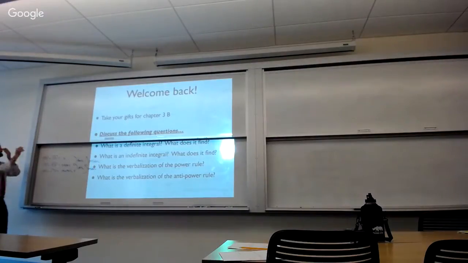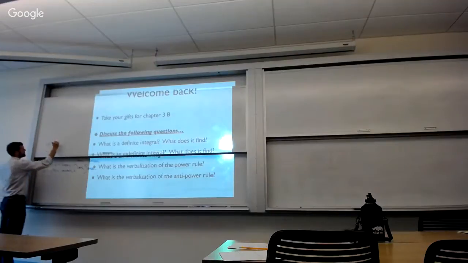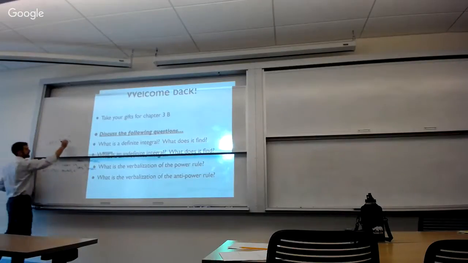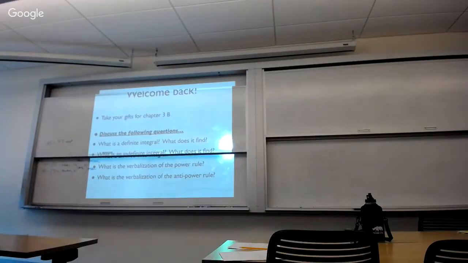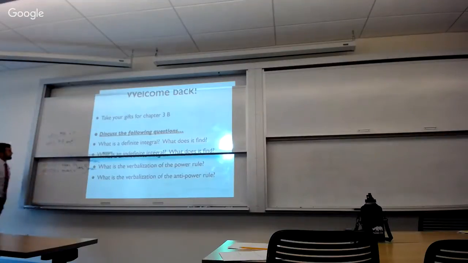Let's say that the acceleration of a particle was modeled by the simple formula 9.8, which is our own acceleration here on Earth, 9.8 meters per second squared. That's the acceleration of an object near the Earth. If I take the antiderivative, the velocity would be 9.8t plus c.